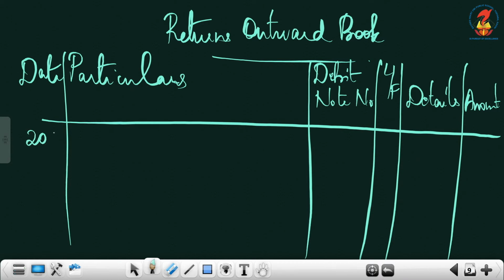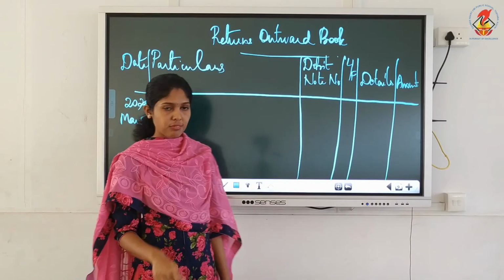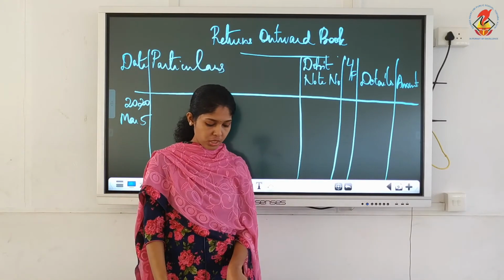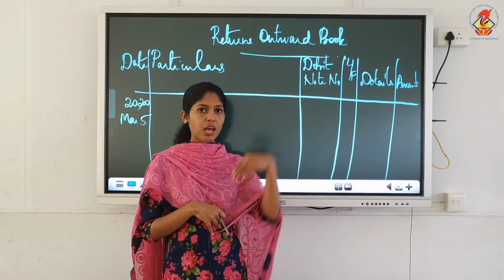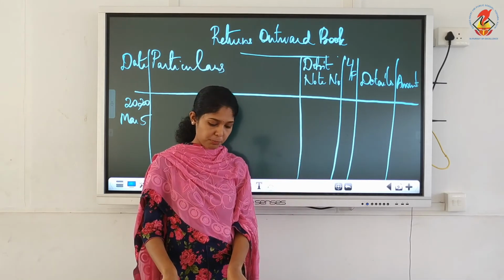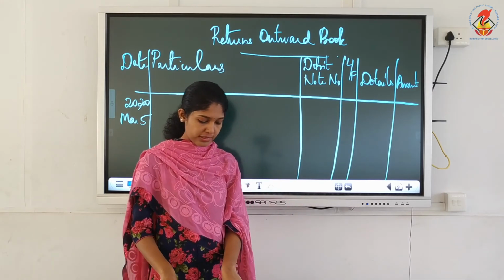The first transaction happened on March 5th. Don't write March 1st because that we already recorded in sales return book. This is purchasing and now we are returning it back to the seller. So March 5th return to Kanpur Leather Private Limited.